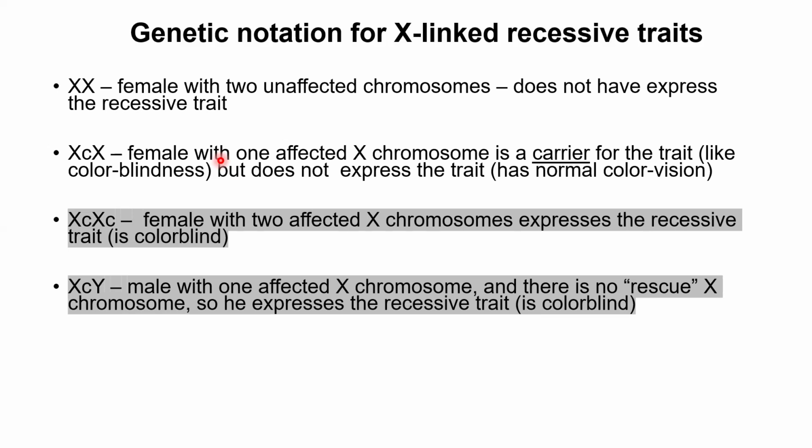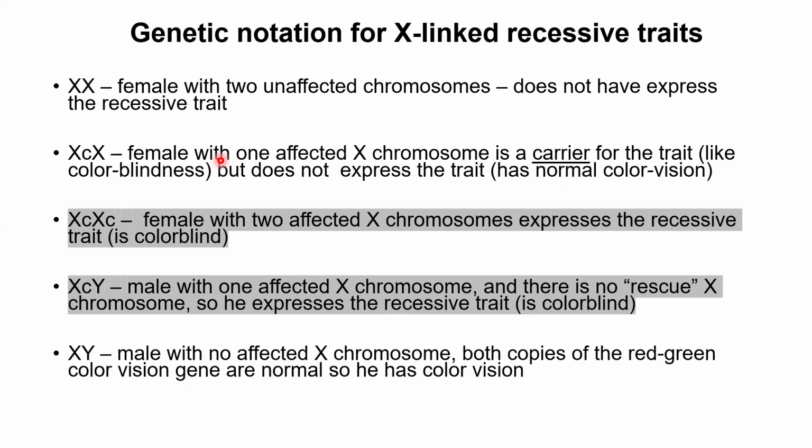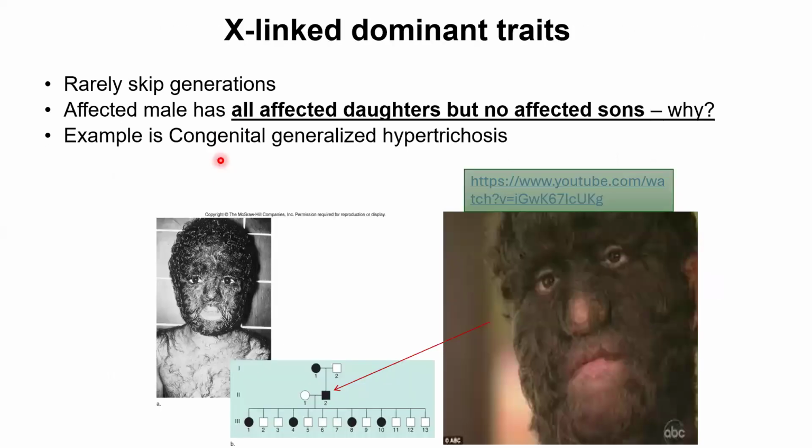So one thing about the X chromosome is that one of them can be inactivated, and the other X chromosome can take over in females. However, in males, this is not a possibility. Now, XY is just a male with no affected X chromosome. He's good on all the color vision and vision itself.